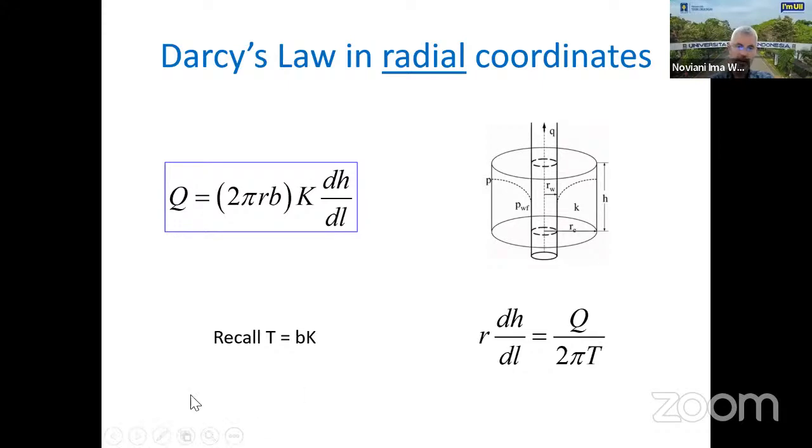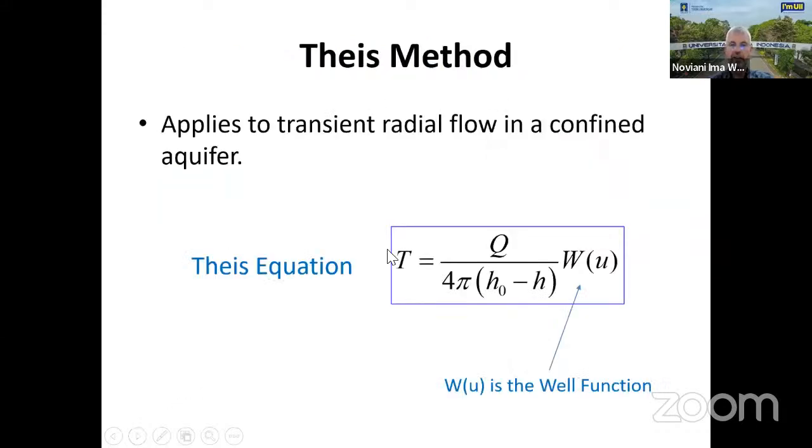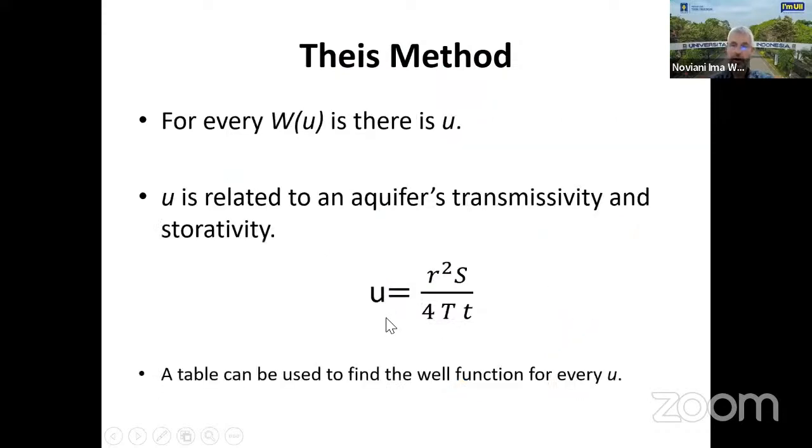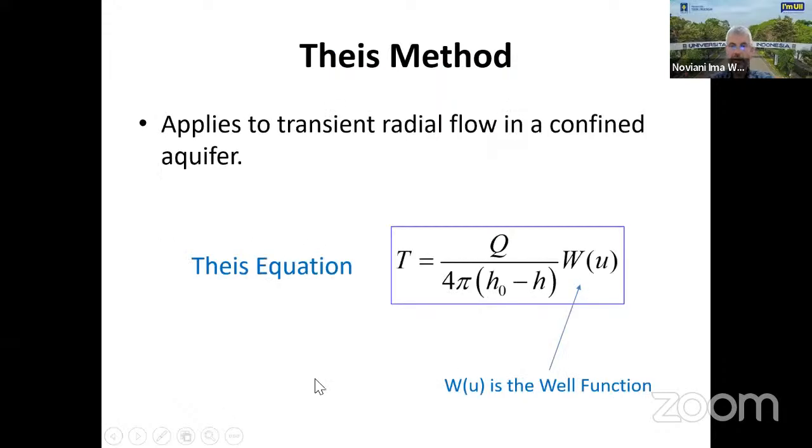Dr. Theis was a scientist who lived about 100 years ago, or died 100 years ago. And he was a very clever hydrogeologist who basically said, okay, if I take this previous equation, Darcys Law, and rewrite it again slightly differently, taking into account the drawdown. Remember, the drawdown is what we measure in the field during the pump test.